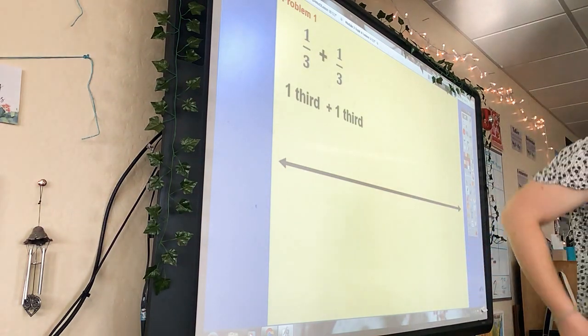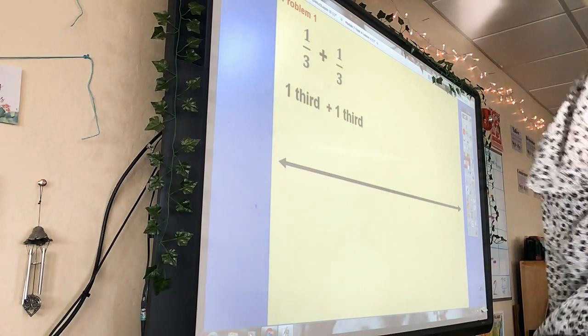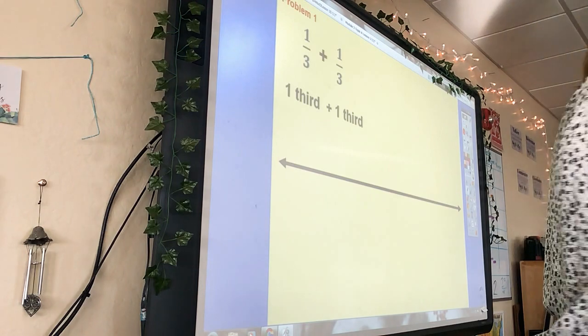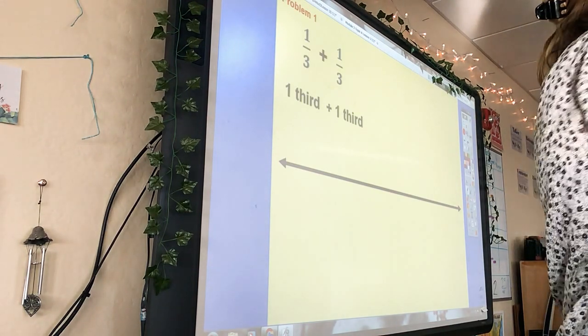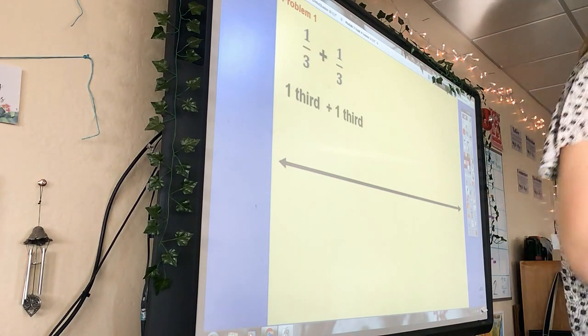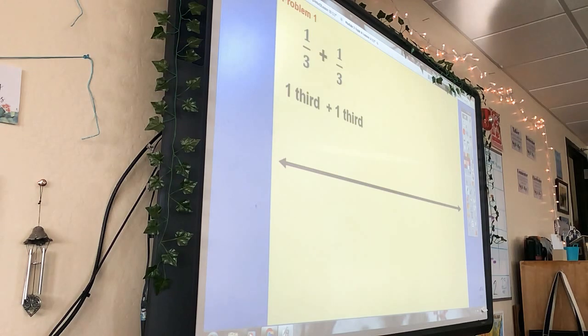But this sounds kind of silly, okay? But can we add, I'm going to give you an example. Let's say Miss Carrillo walked in here right now, okay? I'm an adult. Miss Carrillo's an adult, okay? So 1 adult plus 1 adult, what does that equal? 2 adults. Good. 2 adults. Okay? Fractions are the same thing.